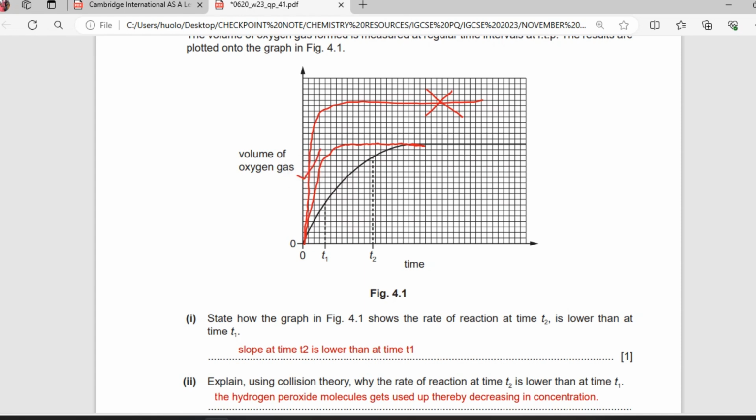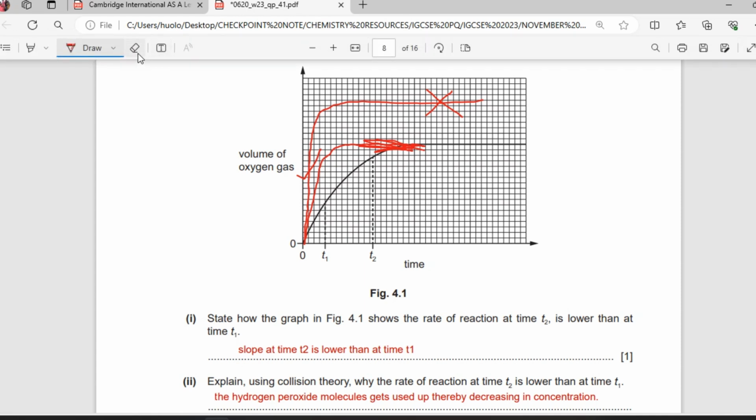Okay, so you have 1 mark rather than 2 marks. And again, please do not paint this place, so that we do not get confused. The moment we see some kind of painting that will confuse us, we are not going to give it to you. Okay, so please always be sure you have a good ruler to draw.